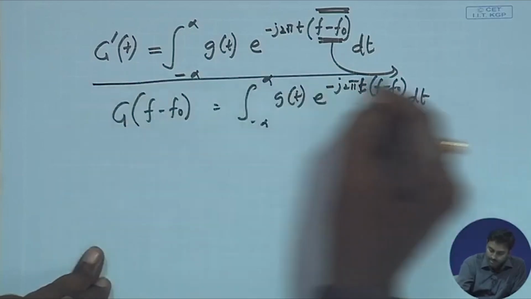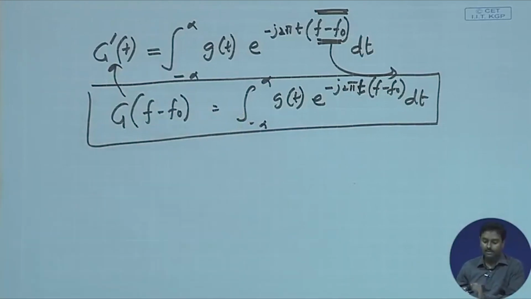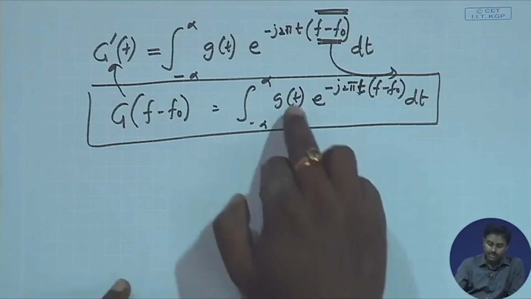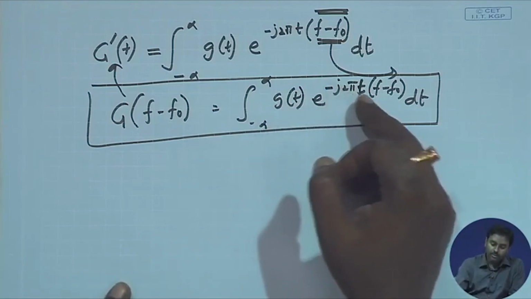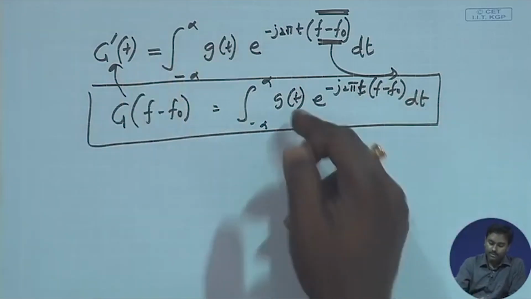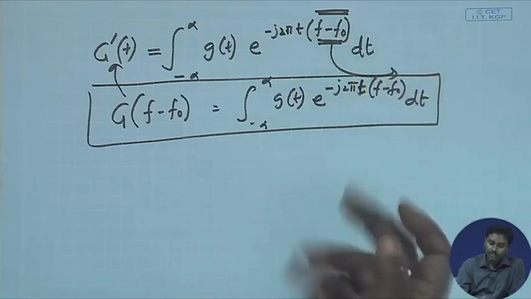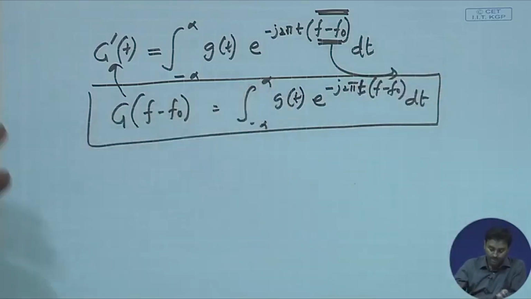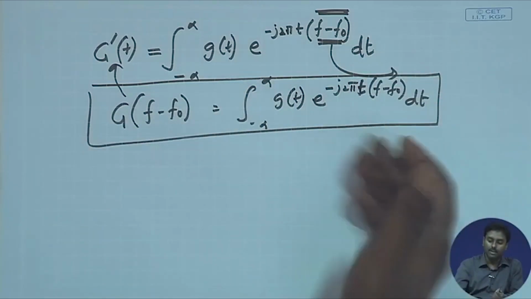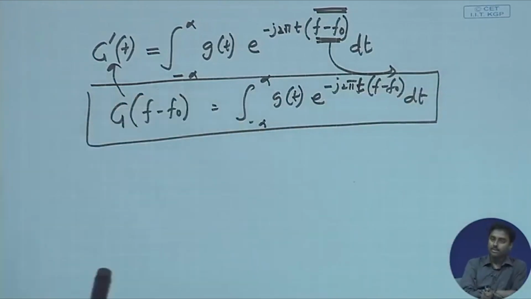So, this is something I get. So, immediately I can write that G dash f is nothing but this. So, I can see that if I know g(t) e to the power minus j 2 pi f t dt, that is G(f), therefore, g(t) e to the power minus j 2 pi (f minus f0) t must be G(f minus f0). This is very obvious because it is just a function of whatever is there over here. So, it is becoming just that function.